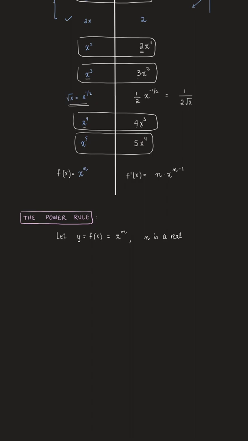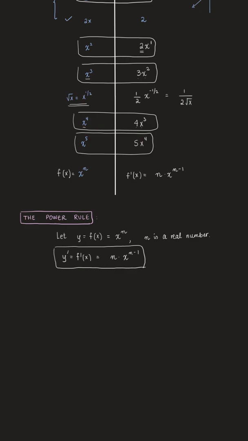Means it can be negative, it can be a fraction, any number we'd like. It can be an irrational number. The derivative, f prime of x, which we can also write as y prime or dy dx, will be n times x to the n minus 1 power. So this is what we call the power rule.